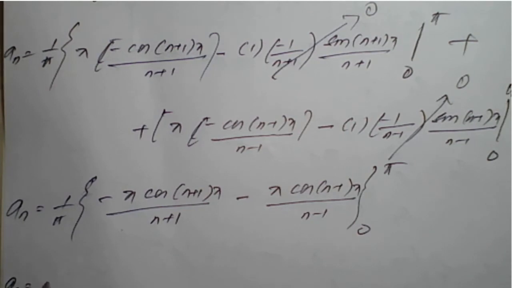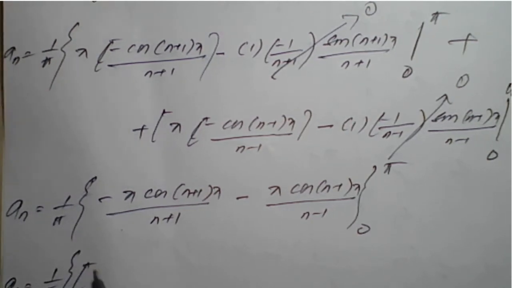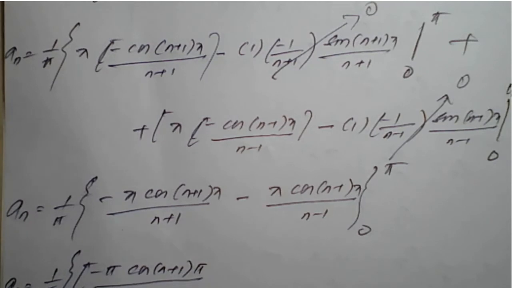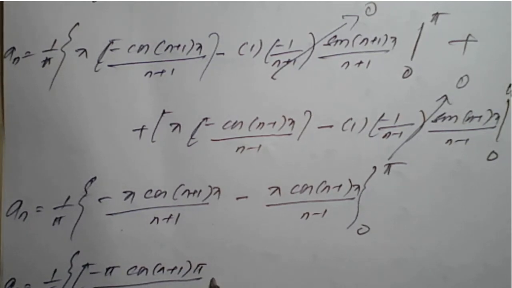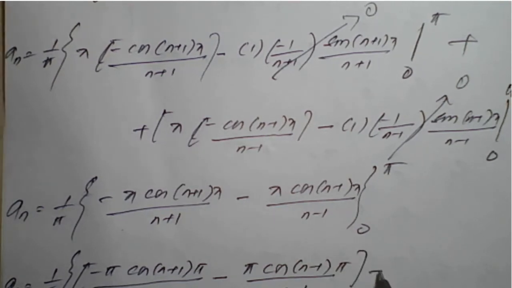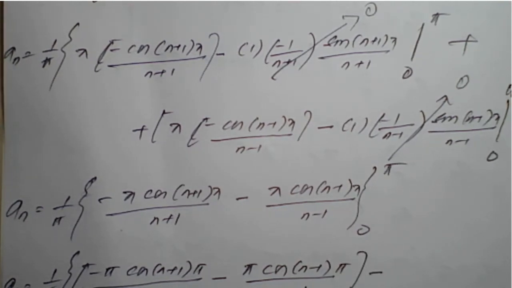So a_n is equal to 1 upon pi, we'll apply upper limit: minus pi cos of (n plus 1) pi divided by n plus 1, minus pi into cos of (n minus 1) pi divided by n minus 1. This is the upper limit, minus if you apply lower limit.